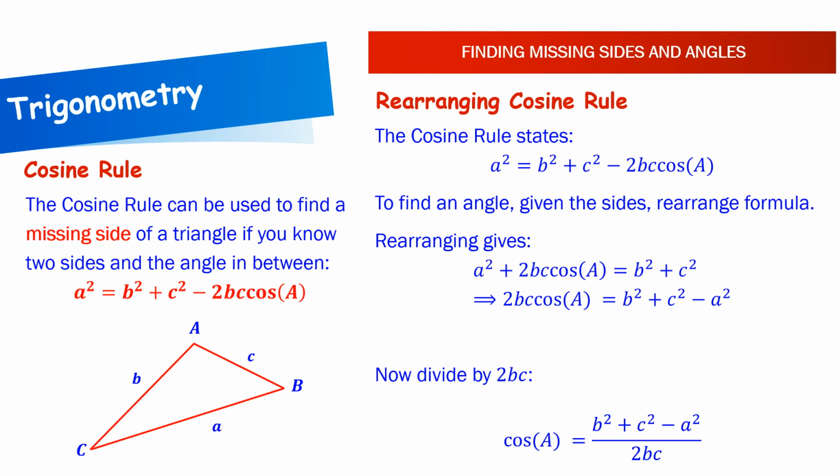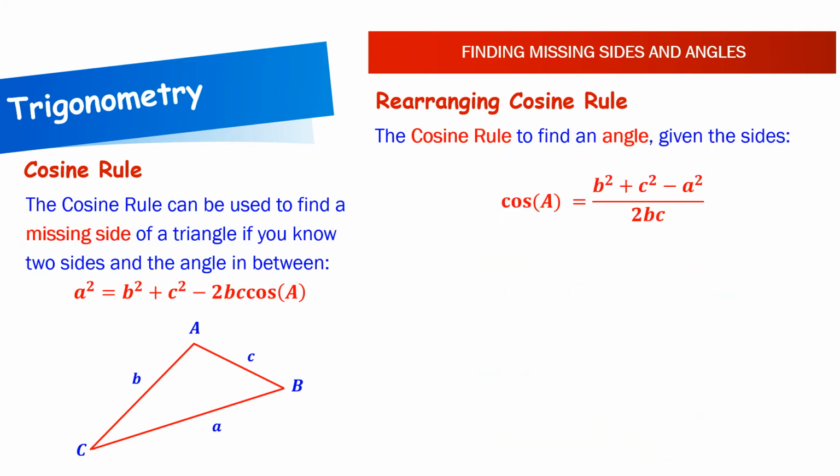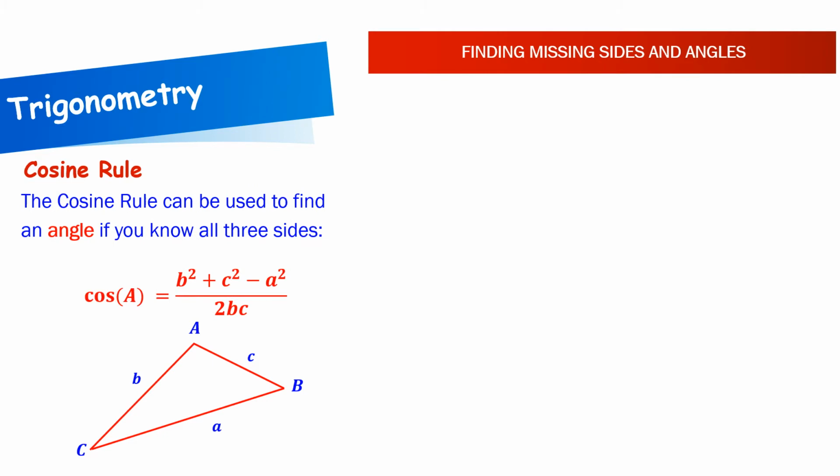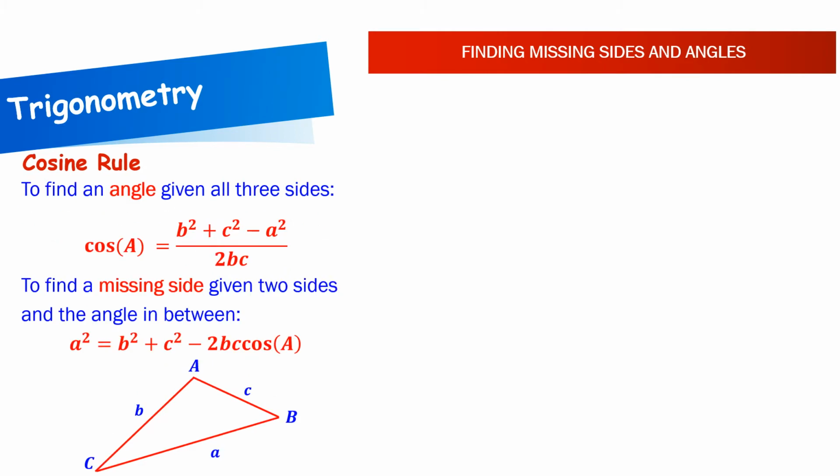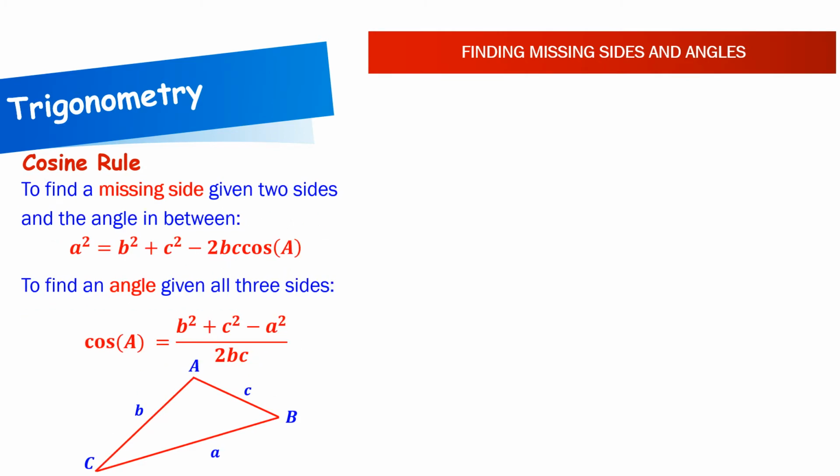And finally divide by 2bc. So the cosine rule to find an angle given the sides is given by cos A equals b squared plus c squared minus a squared all over 2bc. And here we have both the formulas.